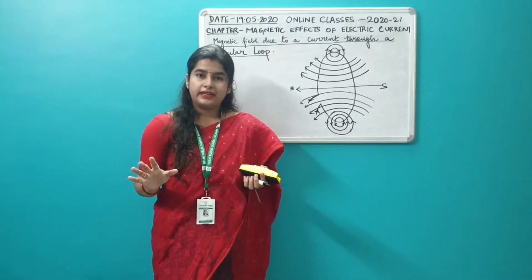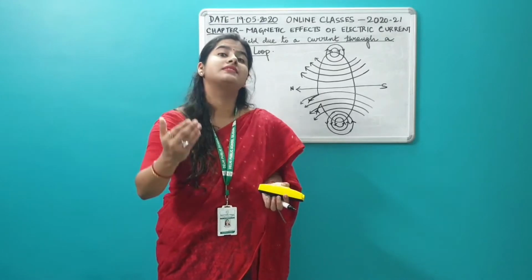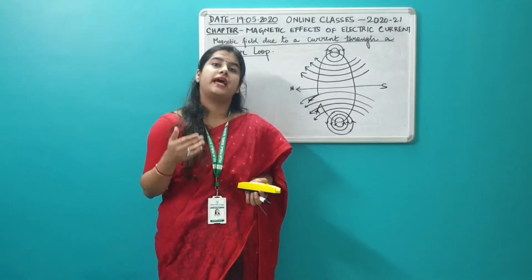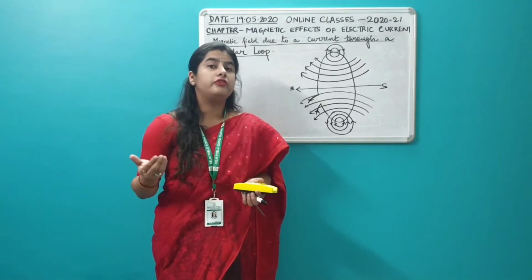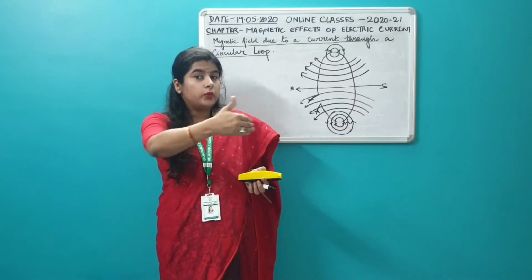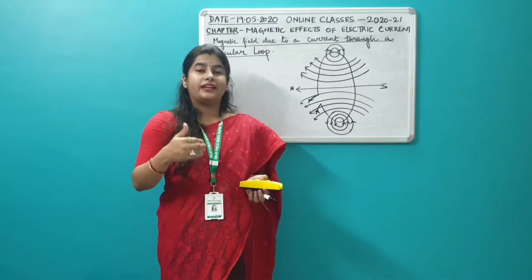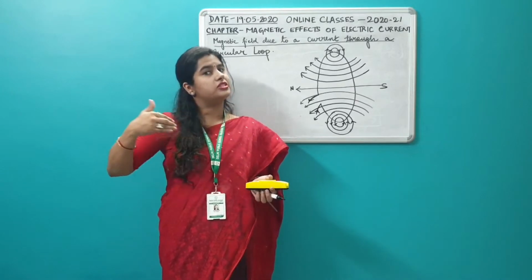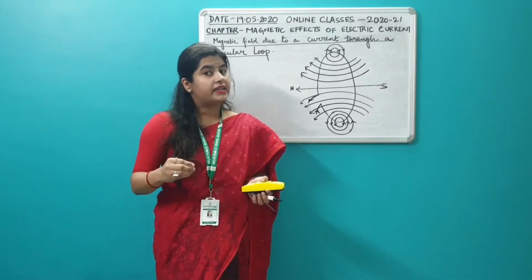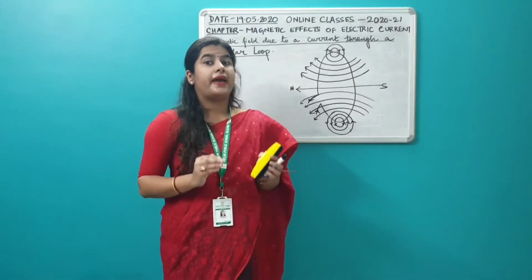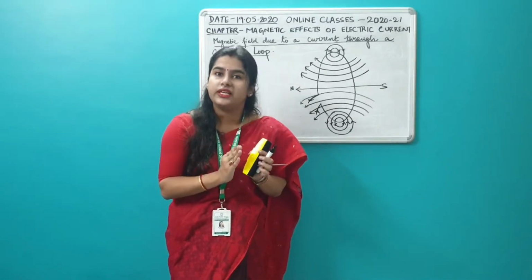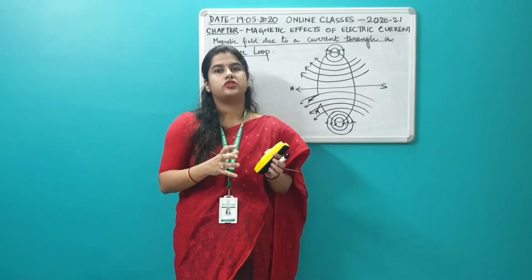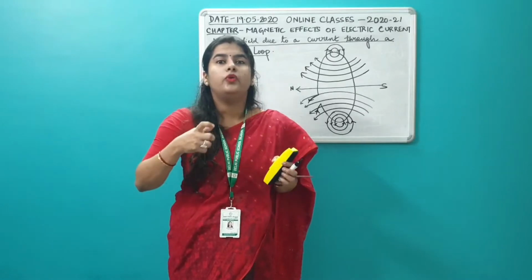For a straight conductor carrying current, we have already studied that the magnetic field lines are inversely related with distance. Inversely means if you move away from the conductor, the magnetic field lines also start moving away. And we had seen yesterday, if the magnetic field lines are closer to each other, the magnetic effect of the current is also more.